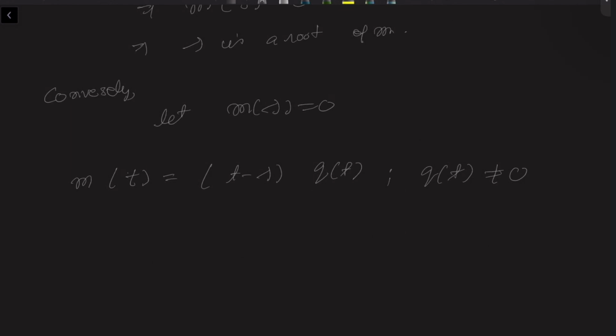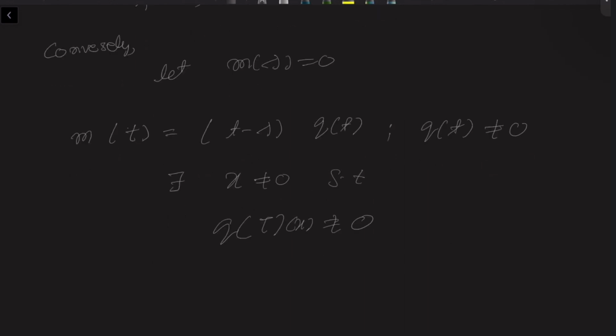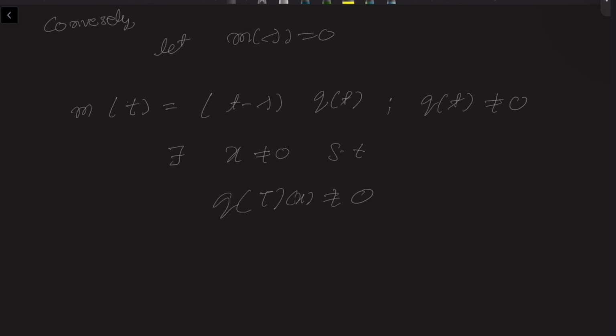So since lambda is a root, I can write the minimal polynomial m of t as t minus lambda times some other polynomial q of t. Now since q of t is non-zero, what does it imply? It implies that there exists some x which is non-zero such that q of t of x is also non-zero. This is by what we mean when we say that a polynomial is non-zero.